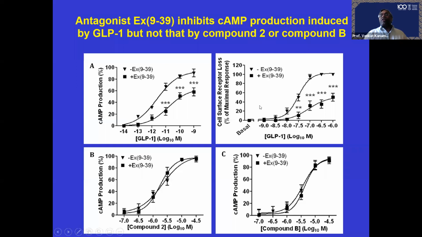Similarly, when we use cell surface expression as a readout, this antagonist could inhibit GLP-1 induced internalization, whereas we couldn't do that with small molecules because they don't induce internalization.